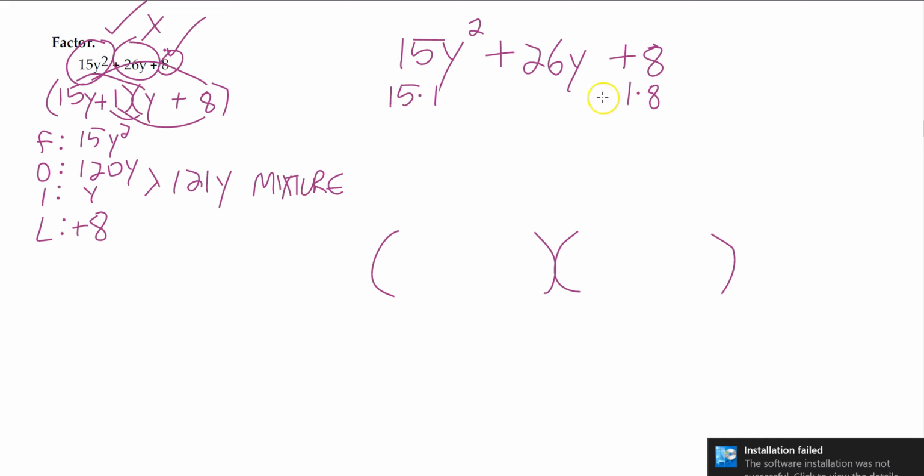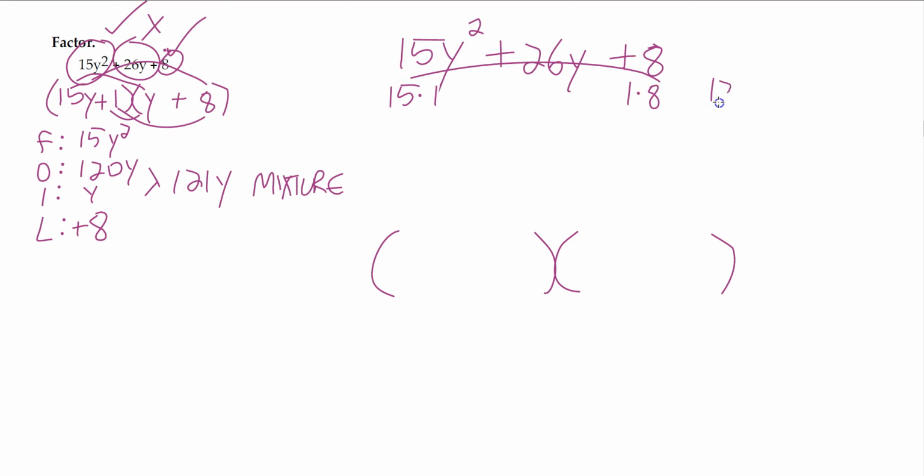And those will verify, and we can see, as we've done before, that that gets the first and the last product correct. But that's not really the hard part. The hard part is this middle product. So let's check the outer and inner products. The outer product, that would be the 120, and the inner product would be the 1, and that will not get the right mixture, because we want 26.